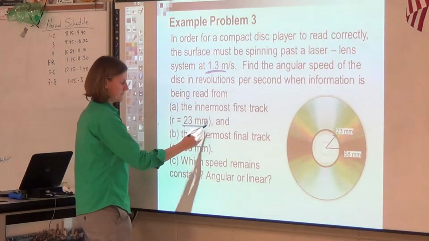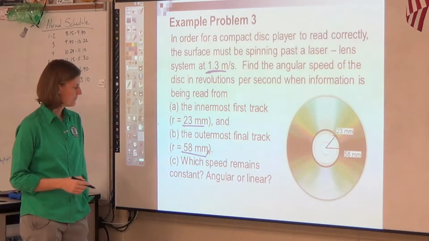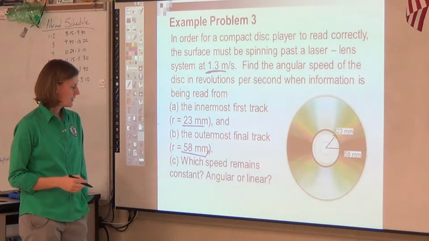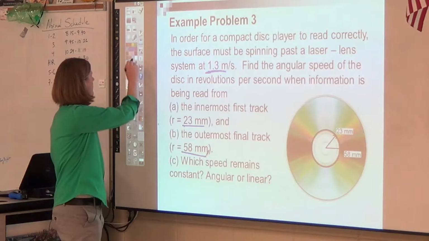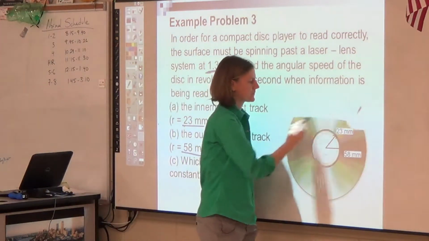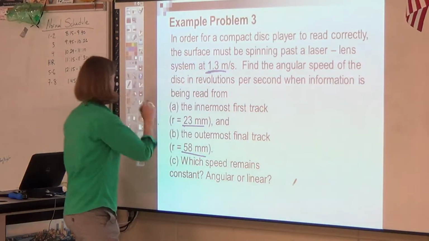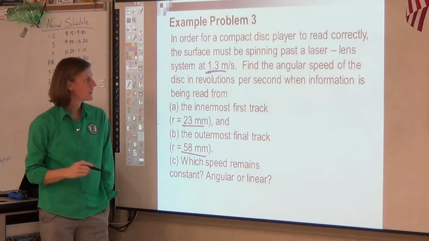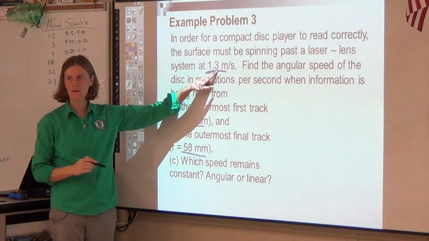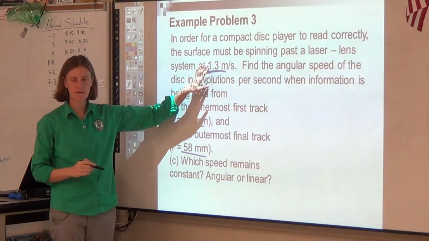Find the angular speed of the disc in revolutions per second when information is being read from these two different radii. And then it says which speed remains constant, angular or linear. So we are used to, in the marching band equation, often being asked for different linear speeds of the different marching band members.